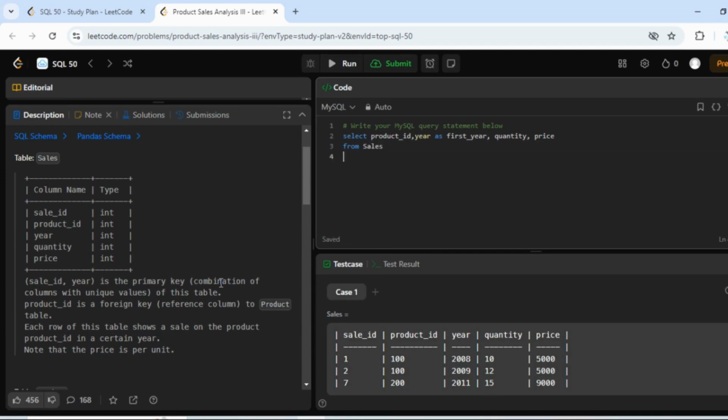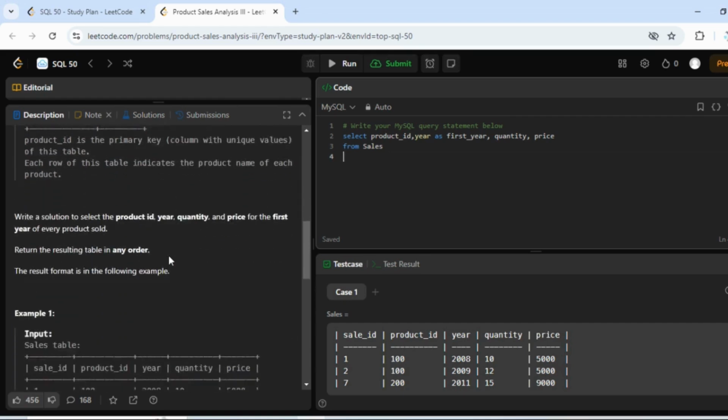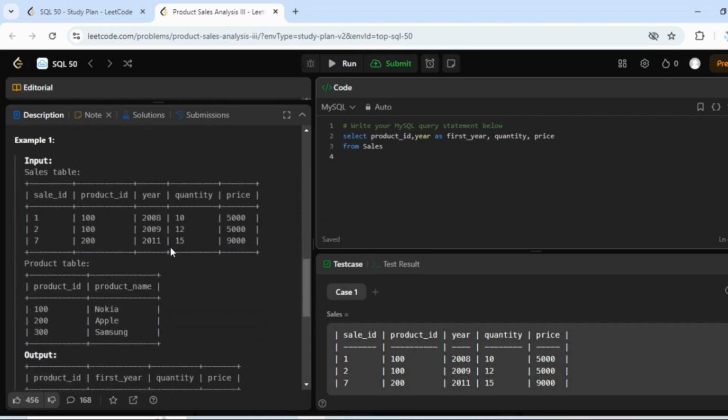Now over here we have a condition which needs a subquery. We have to scale down the things in such a manner that we group by the product ID and find the minimum of the year. I am writing the subquery now.